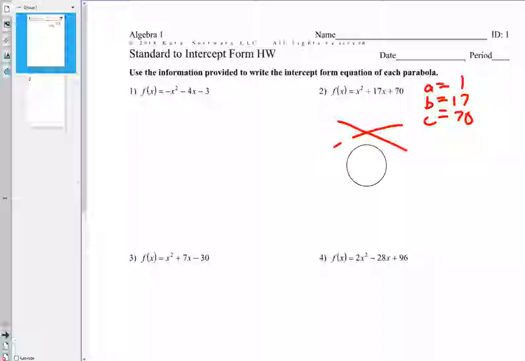I teach a 2-column method. There are 2 columns. At the top of the first column, you're going to write whatever A times C is.